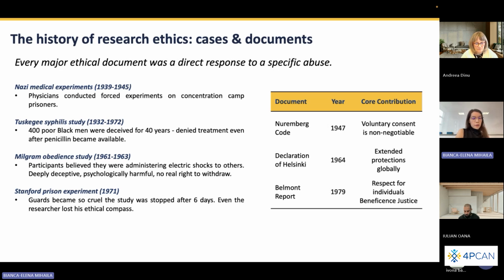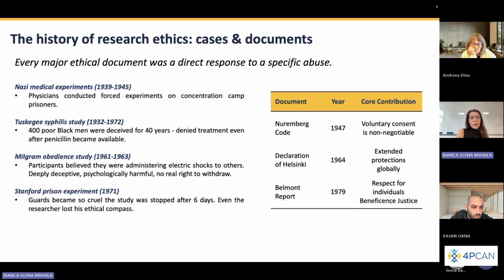And at the same time, there is the Belmont Report that is also important for the social sciences and also for the medical sciences, which established three core principles for all research involving human subjects: respect for individuals, beneficence, and justice for everyone. In the social sciences, there are also two studies that are really well known: the Milgram study and the Stanford Prison Experiment.